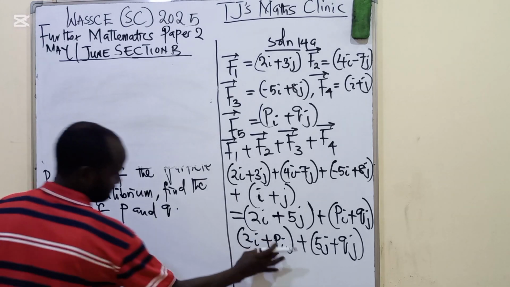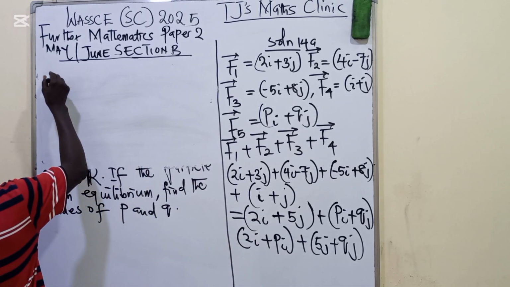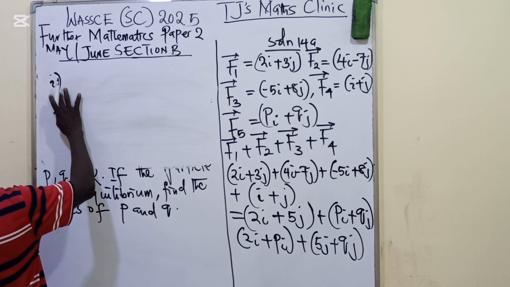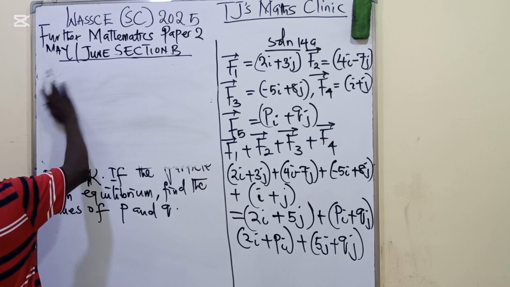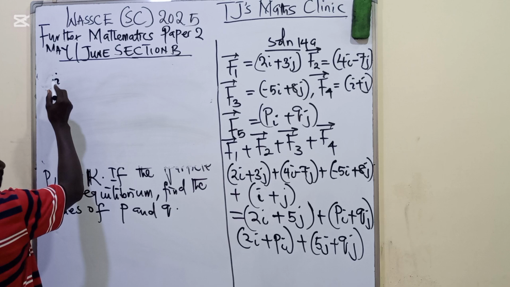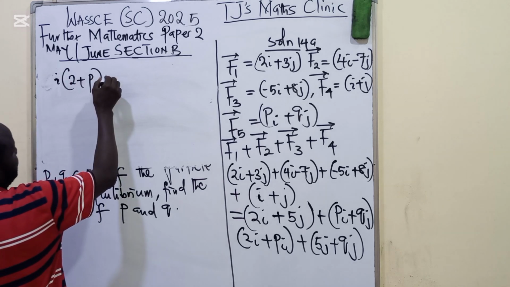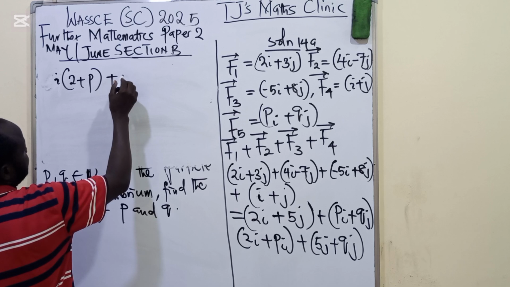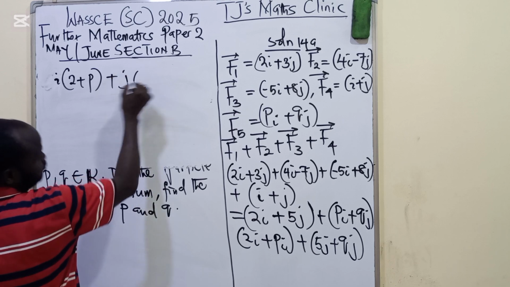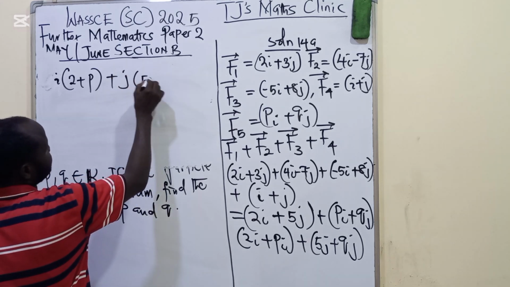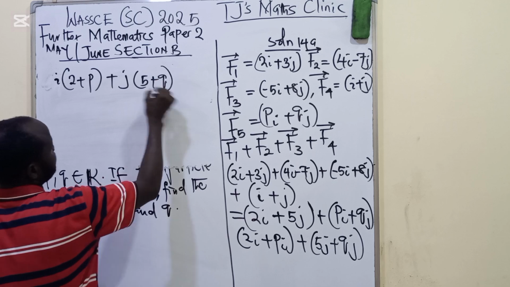So here I can factor out i. That will be i into 2 plus p plus j into 5 plus q.